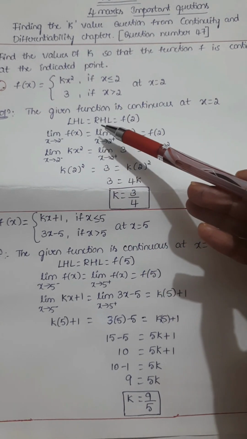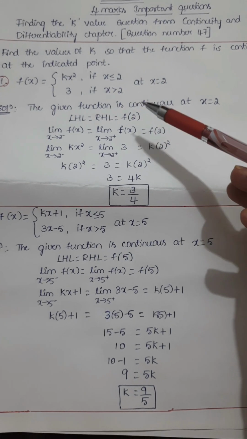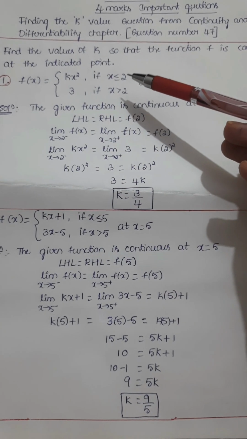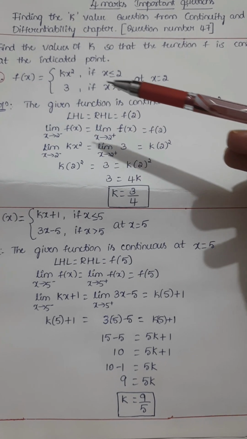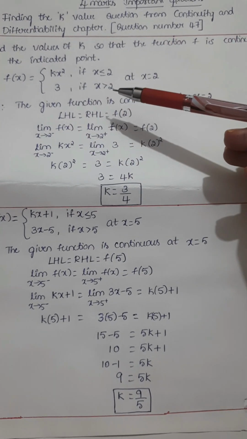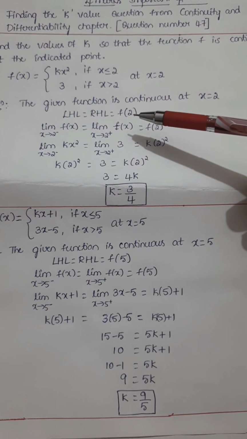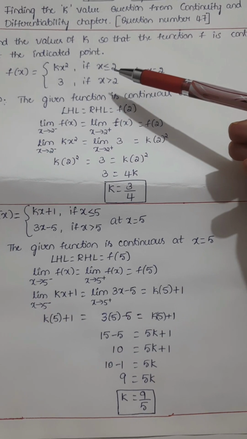Left hand limit is equal to right hand limit is equal to f of 2. For the left hand limit you take the function with the less than sign. For RHL you take the function with the greater than sign. For f of 2 you take the function where you have the equal sign.